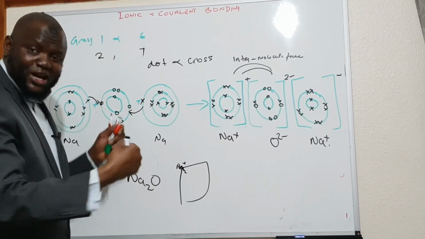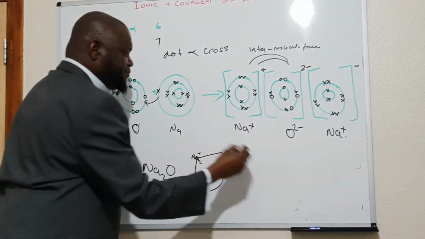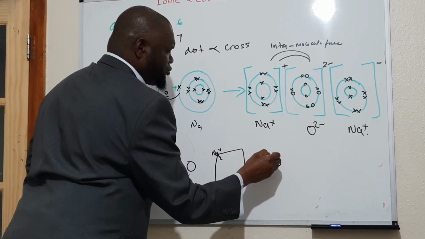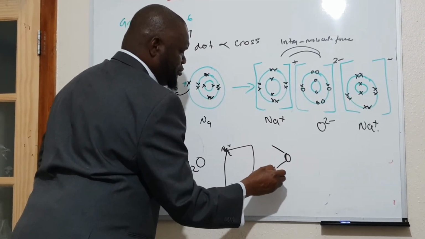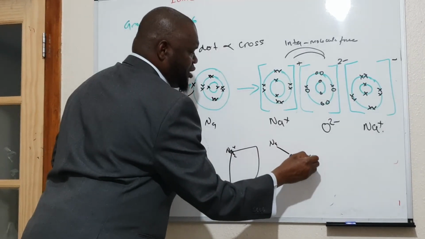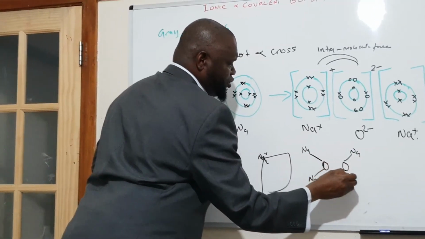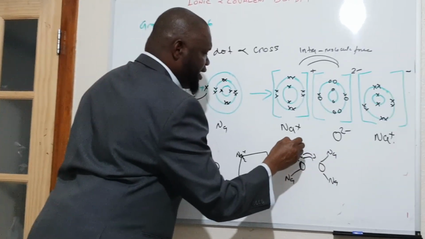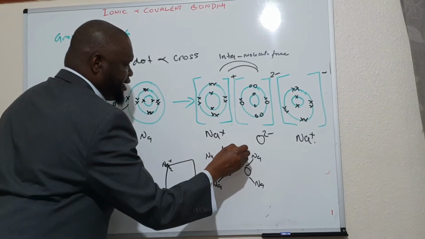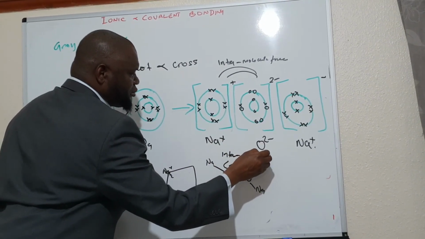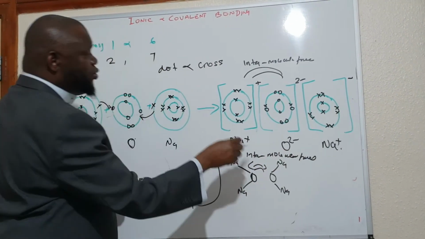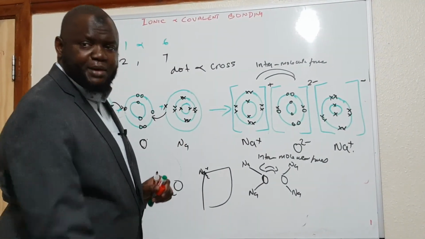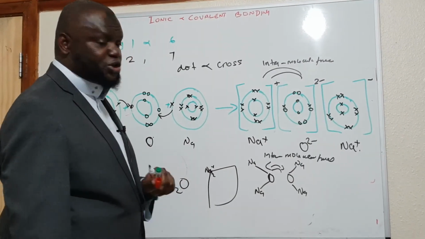The forces between these molecules, look at it here, oxygen with sodium and sodium, another oxygen with sodium and sodium in it. So the attraction between these is called intermolecular forces, yes. And these 2 forces are responsible for the higher boiling point and higher melting point, and even the conduction of electricity.